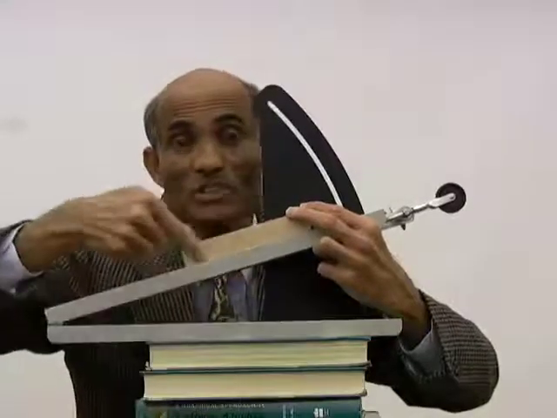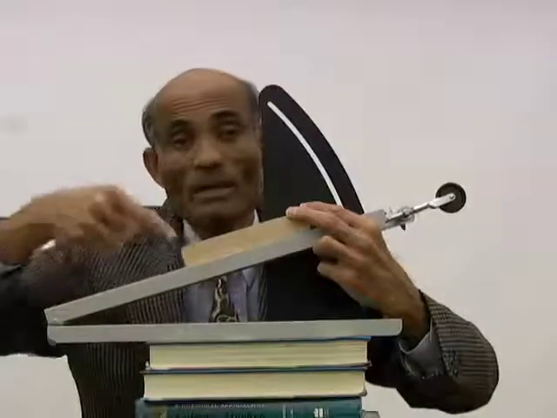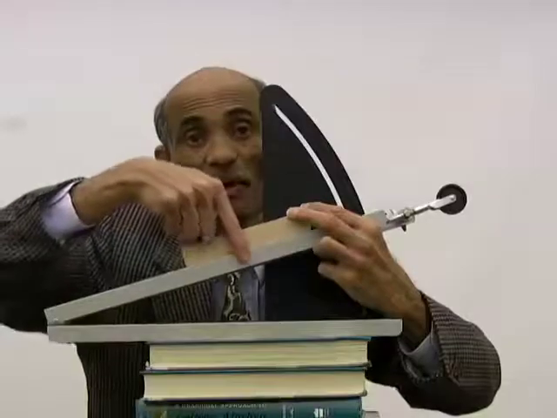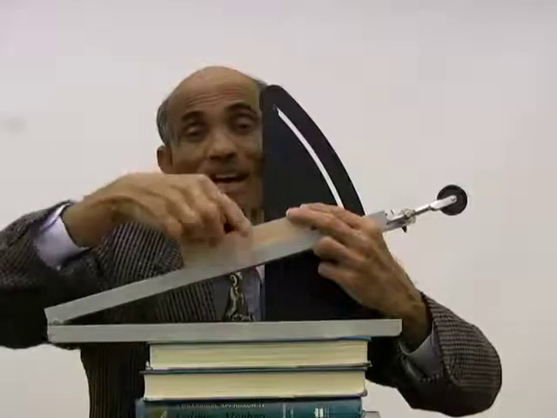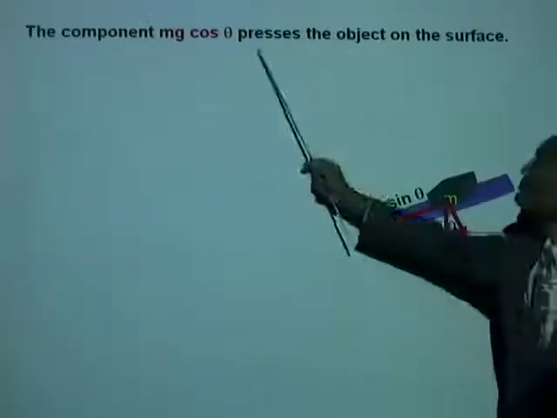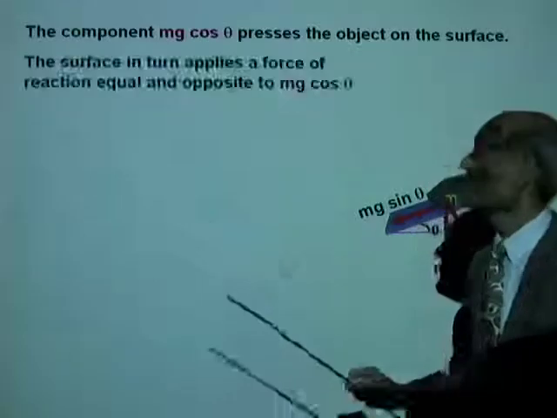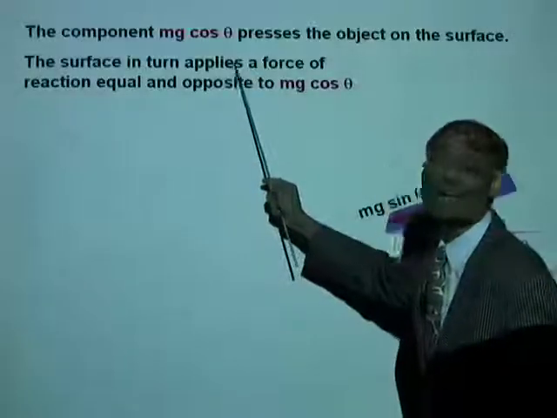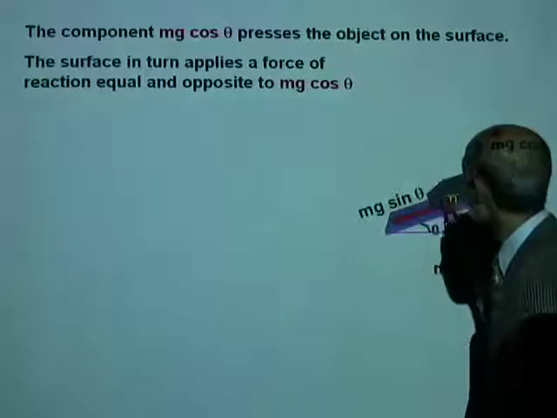The weight of the block will be acting vertically down. Its component mg sin theta acts down the plane, and the component mg cos theta is pressing the two surfaces together. Okay. So, the component mg cos theta presses the object onto the surface. The surface in turn applies the force of reaction.